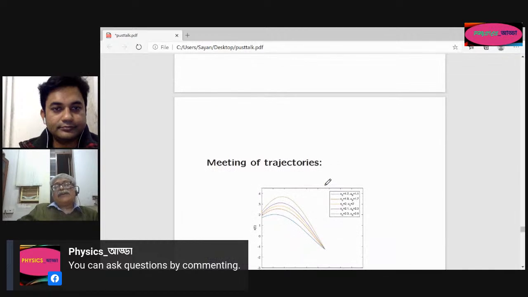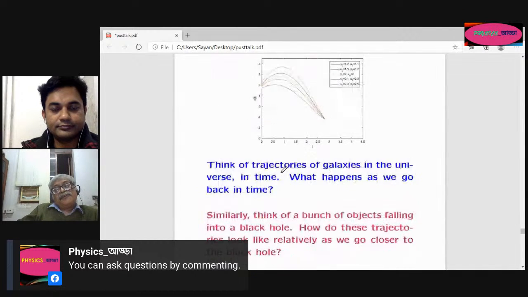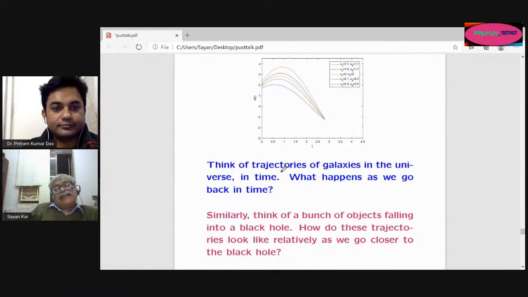Okay. So now let us do a huge extrapolation. What is that huge extrapolation which I would like you to do? Now you think of trajectories of galaxies in the universe in time. Okay, so if you think of galaxies as points, that is what cosmologists do.